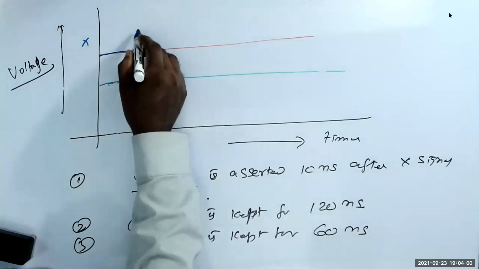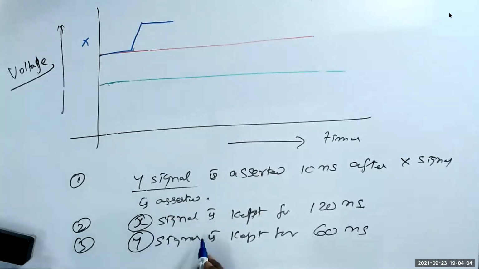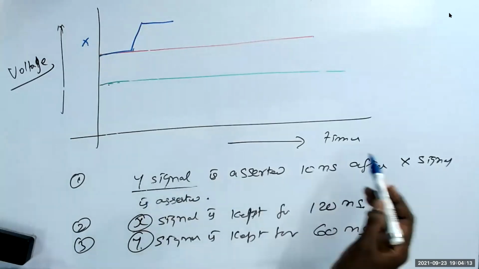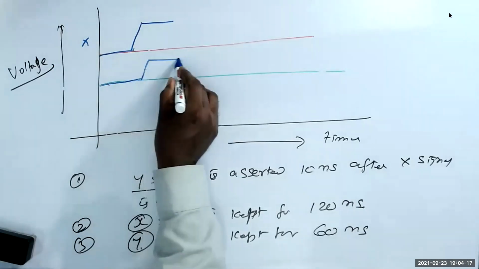I'll give you a reason why I draw this. What I have written here is that the Y signal is asserted 10 nanoseconds after, which means I make the Y signal high after 10 nanoseconds.